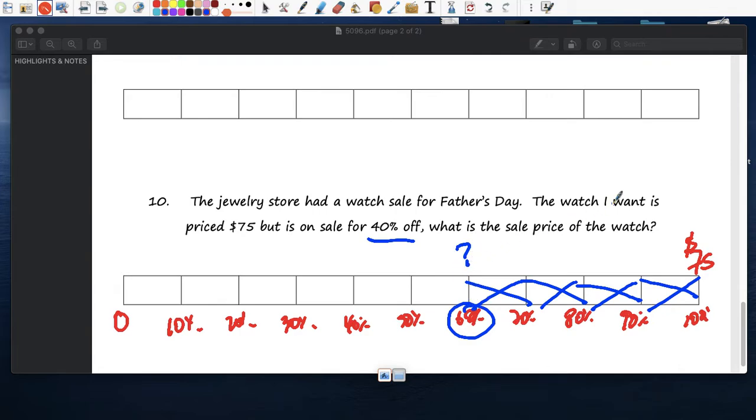We need that number over there. So it's the $75 total price divided by 10. 75 divided by 10 equals 7.5, so each 10% is 7.5.